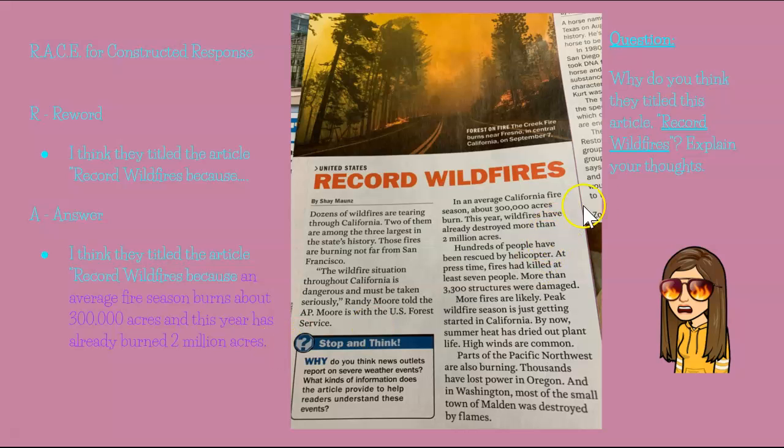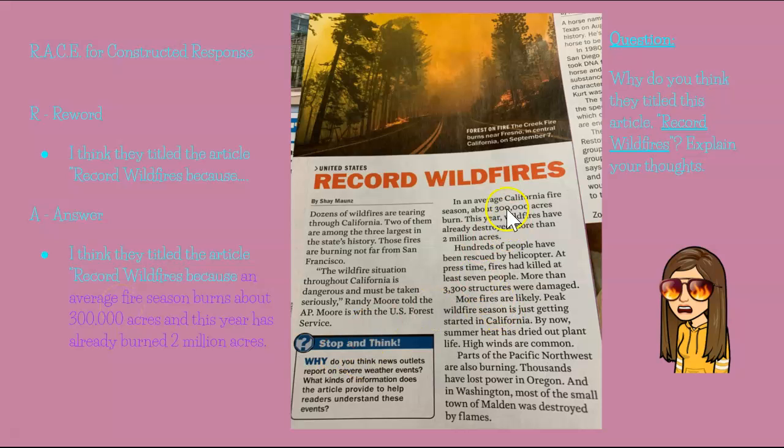So right here, not only did I answer the question, but I'm also explaining it a little bit. I'm answering why I think it's called Record Wildfires, because in an average season, it only burns about 300,000 acres, and it's already burned 2 million acres, which is way more than the 300,000.